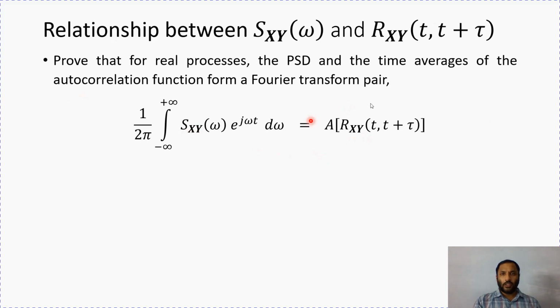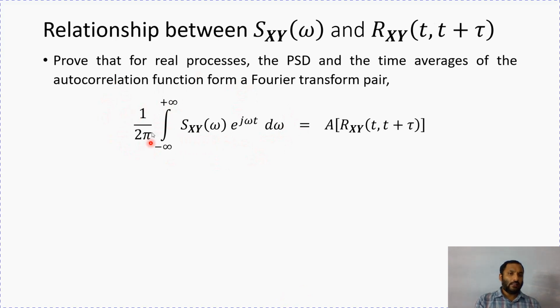So I will stress here what are the important steps that are used to prove this theorem. First of all, we want to prove that these are a Fourier transform pair. So we take first of all the inverse Fourier transform of the cross PSD, which is on the left hand side.